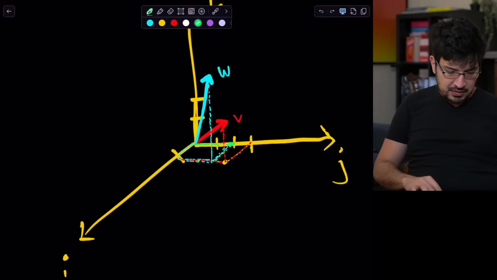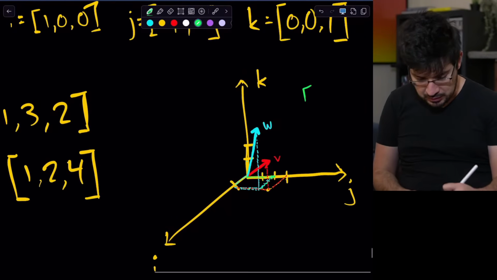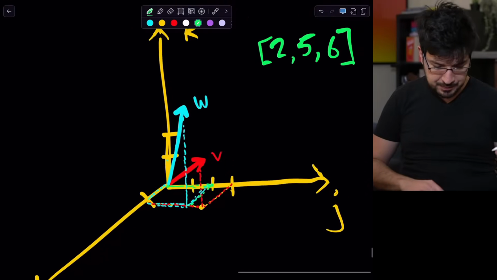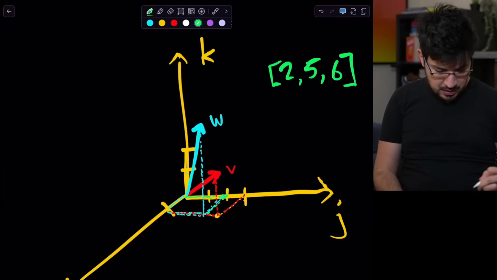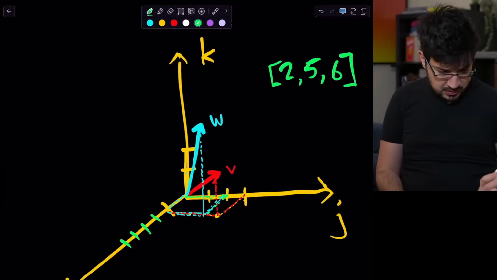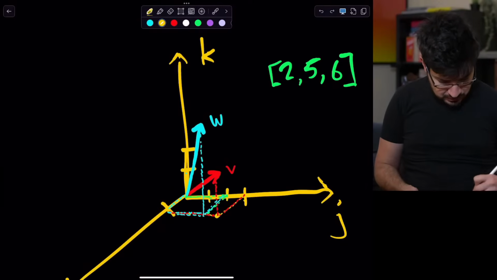2, 5, 6. So we're sketching 2, 5, 6 for a reminder. 2, 5 is going to be 1, 2, 3, 4, 5. Let's make all of those yellow for consistency.